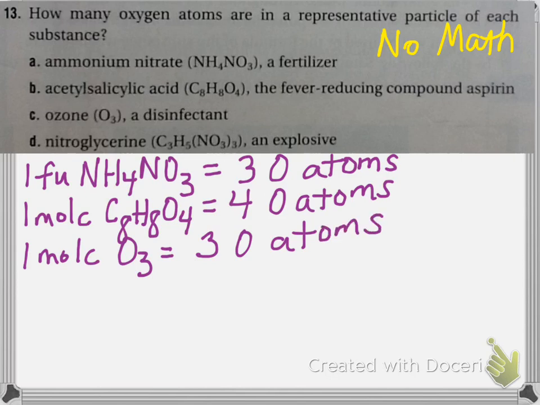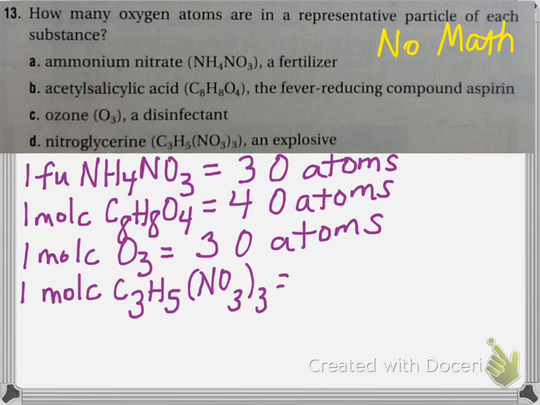And lastly, in 1 molecule of nitroglycerin, C3H5NO3, there are going to be 9 oxygen atoms. And again, that 9 comes from the 3 times the 3 there. So really no math required in terms of showing work to answer that question.